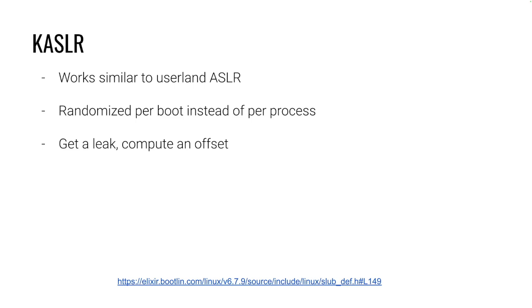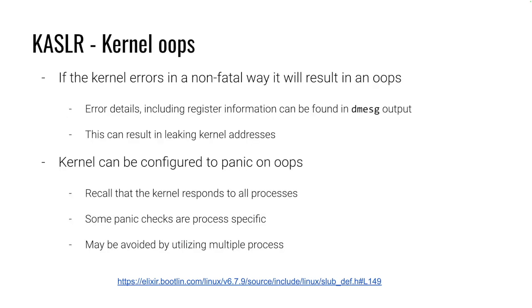Now, the attacker's general strategy for combating KASLR is the exact same thing as combating ASLR. The strategy is get a leak where you know what it is, compute an offset to a base address, and then based on that base address, you can suddenly know where things are located in memory.